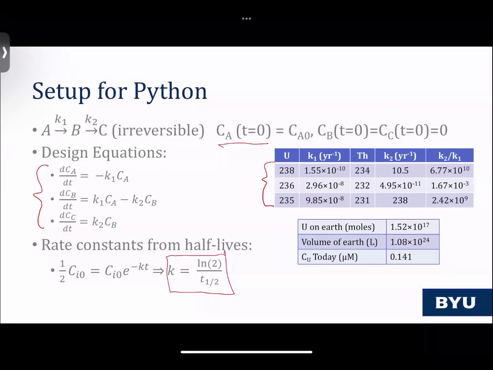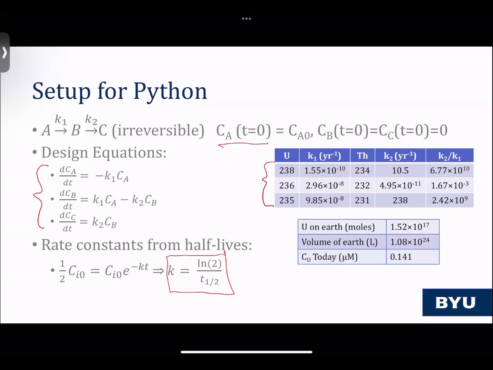238 has a really small K, 10 to the minus 5. 236 and 235 have a little bit faster decay, 10 to the minus 8 and 10 to the minus 8. 234 has pretty fast decay, 10.5. 232 has very slow decay, 10 to the minus 5. And 231 has fast decay.